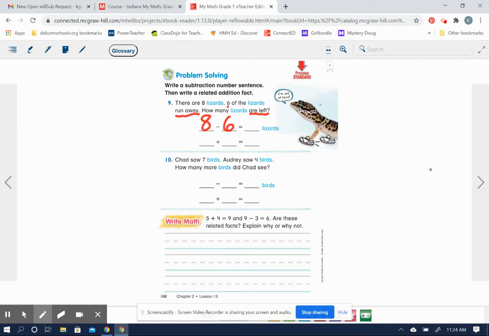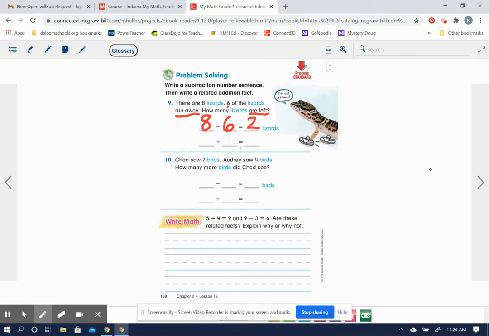Okay, you can draw a picture or you can count backwards. If you put 8 in your head and count back 2 numbers, 8, 7, 6. Oh no, I'm sorry, we have to count back 6 numbers. Okay, 8, 7, 6, 5, 4, 3, 2.